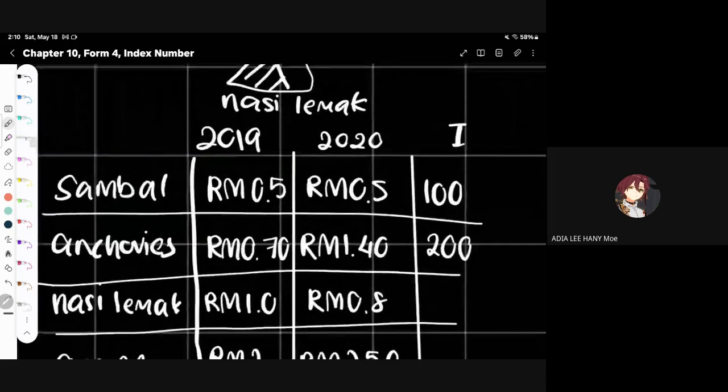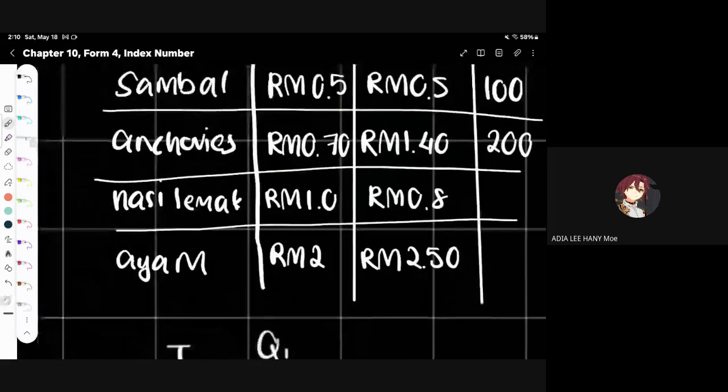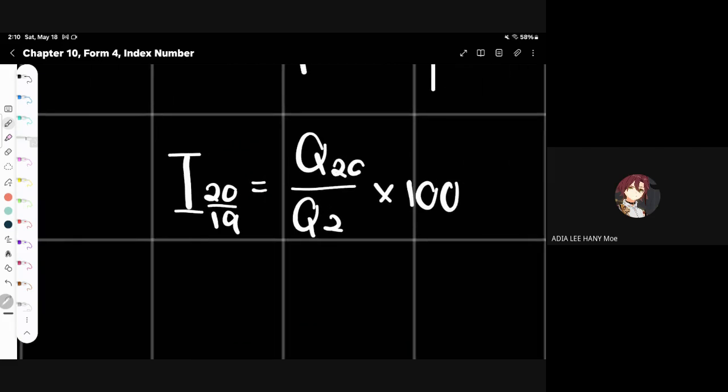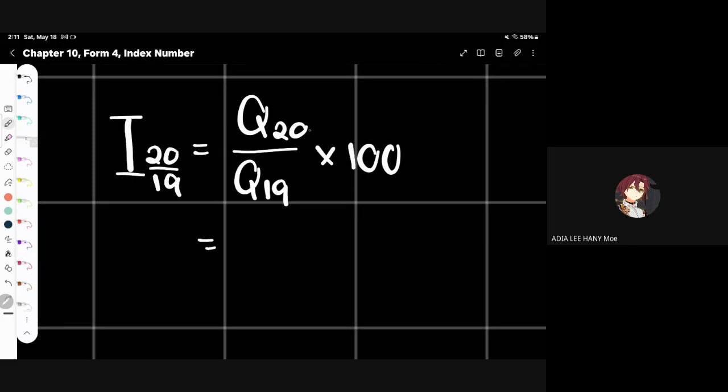We are talking about 2019 and 2020, so the top one should be the newer one, 20 over 19. So this one should also be 20 over 19. Just change this into a simple formula. Of course, I don't write the 20 because it's always the same.